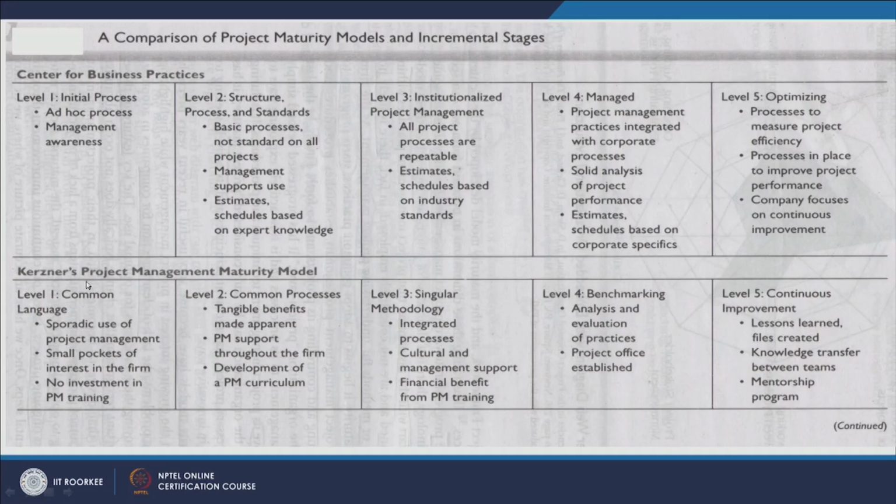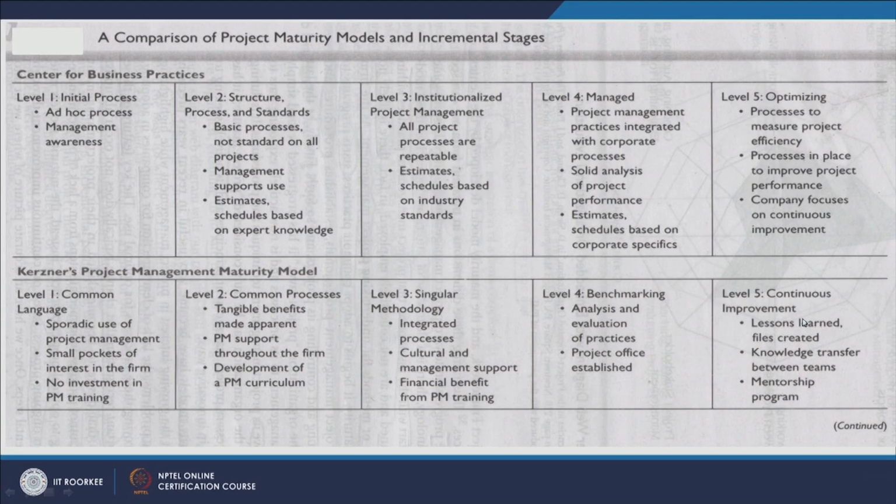Similarly, in Kerzner's project management maturity model, you have got level 1 and the fifth level, which is continuous improvement. In between you can have different levels, for example, common processes, singular methodology, and benchmarking. After continuous improvement, what should be the next level? You just continuously improve, right. In fact, here you have achieved optimization, and after that you need to continuously improve it.